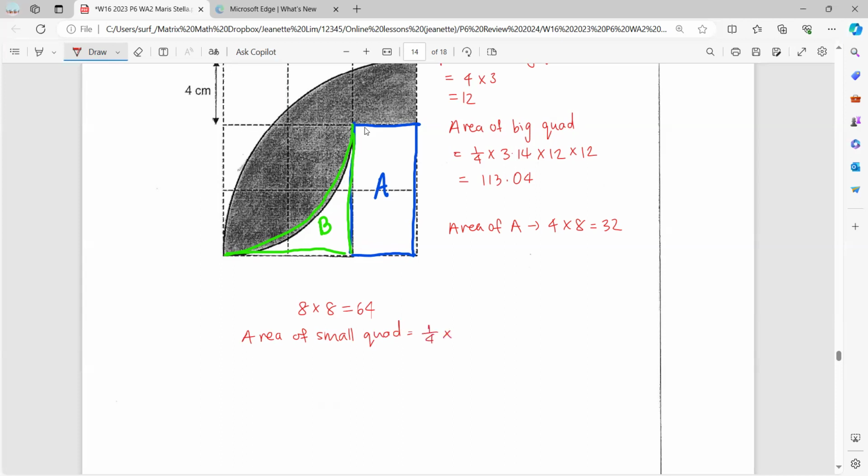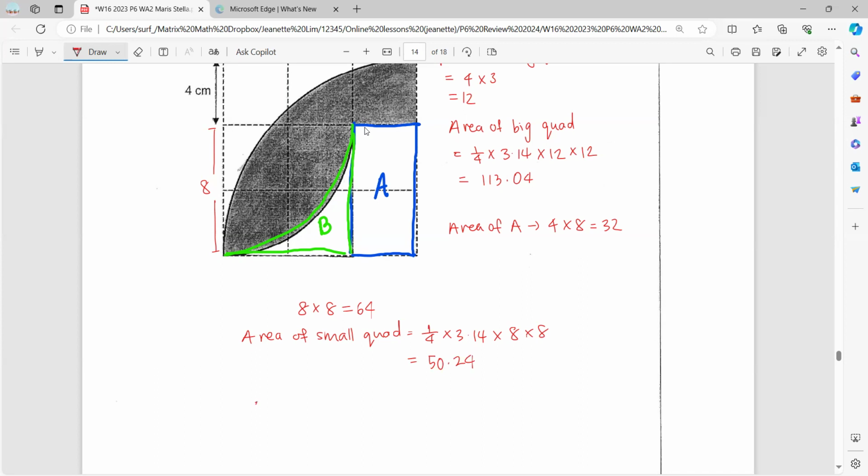Quadrant is a quarter, so a quarter times 3.14 times radius times radius. What is this radius? This radius is 8. That's the radius of the quadrant, so 8 times 8, 50.24.